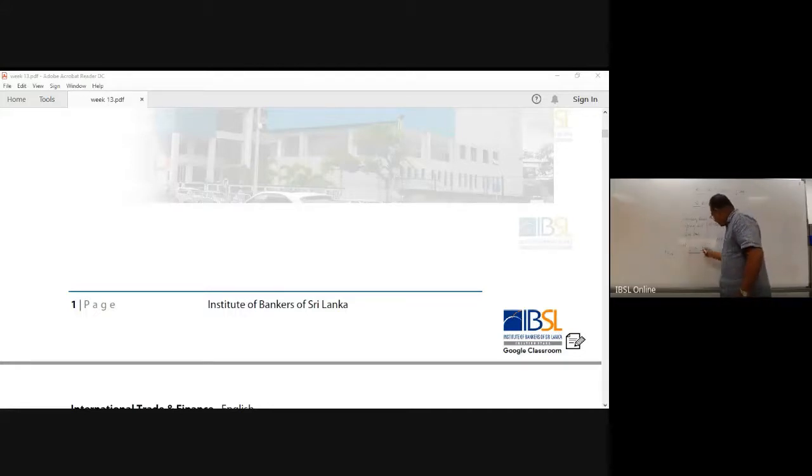Now this is day 1. Now say this is day 3. If you receive documents at 8:59 a.m., as if we are receiving on day 2, then we have to count the 5 banking days from day 3 onwards.